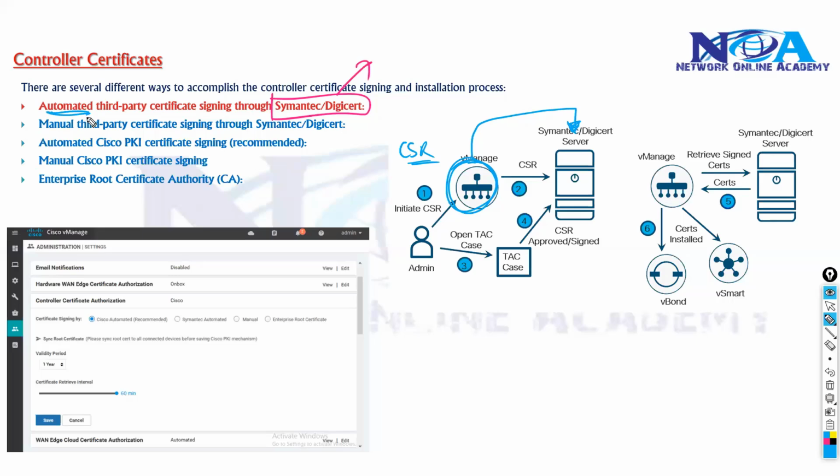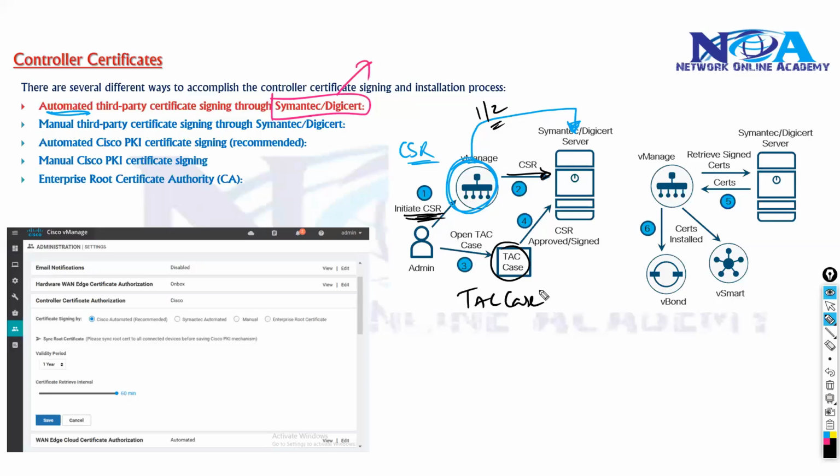You can see the difference here. Automated means you don't need to manually send it to the DigiCert server. It's an automated process. So that is the first and second step: initiate the CSR and then send it to the server. Now in the next step, you need to raise a Cisco TAC case.